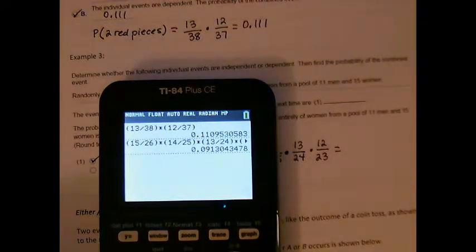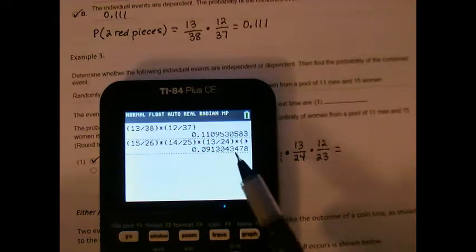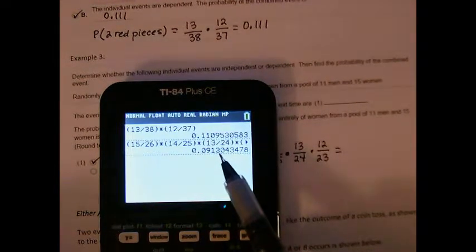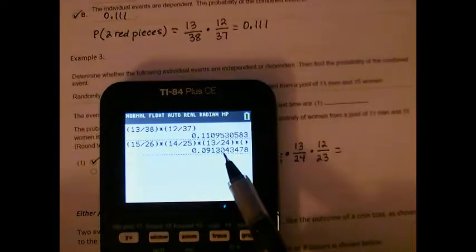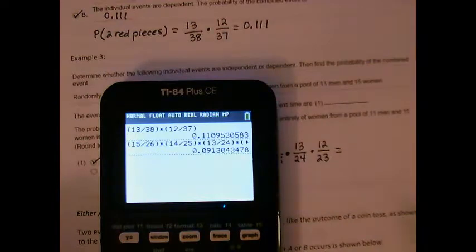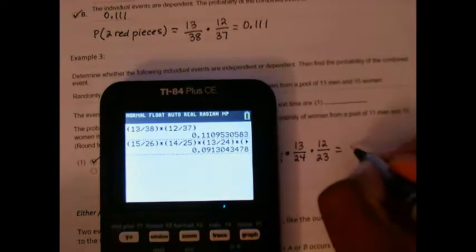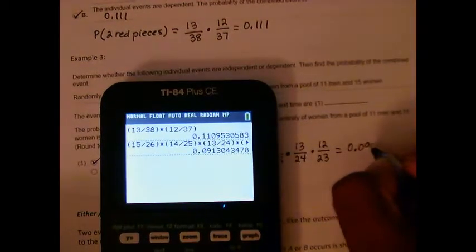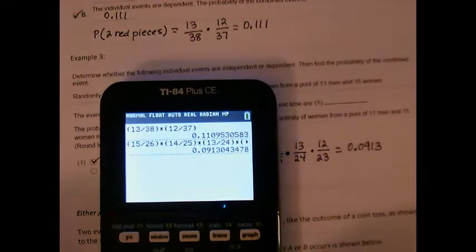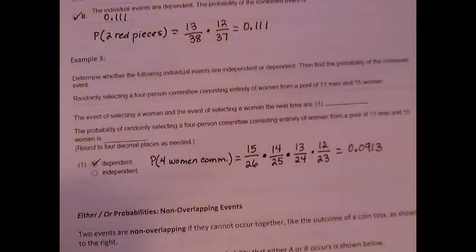Then hit enter. Now the 4 decimal places, the 4th number after the decimal point is the 3. To the right of it is 0. That's less than 5, so we leave that as 0.0913. That represents the probability of randomly selecting a 4-person committee consisting entirely of women from a pool of 11 men and 15 women.